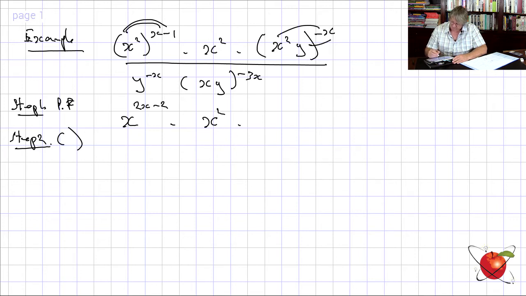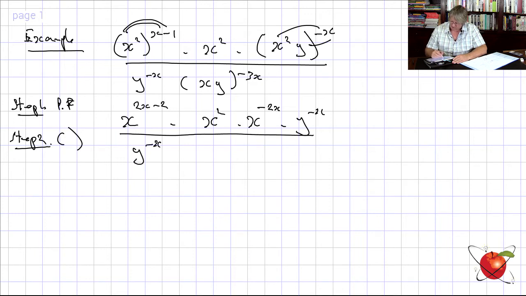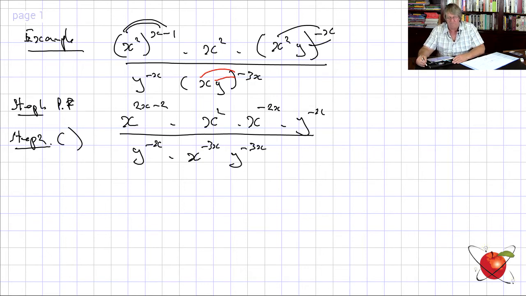So it's going to be x to the minus 2x, y to the minus x, all over y to the minus x. He's got no brackets, x to the minus 3x. Remember, that must go to both, correct? And lastly, y to the minus 3x as well.